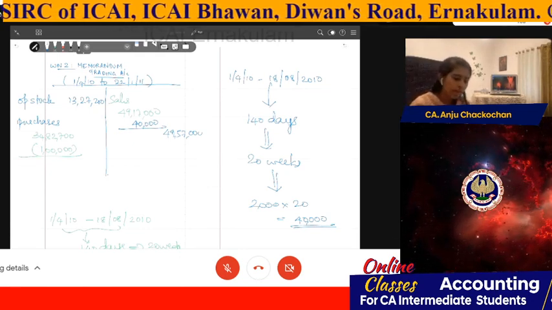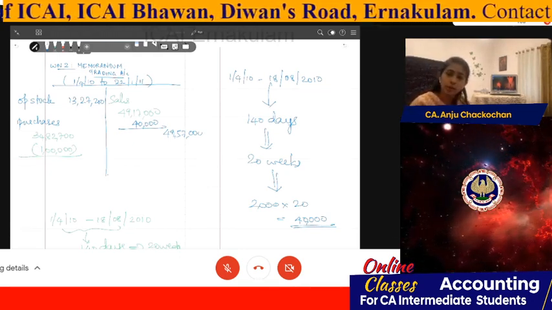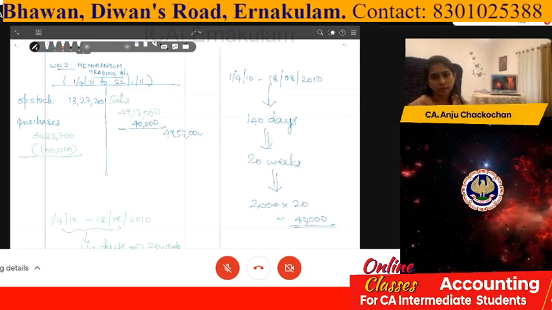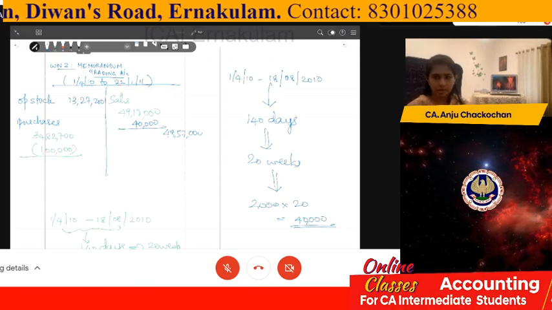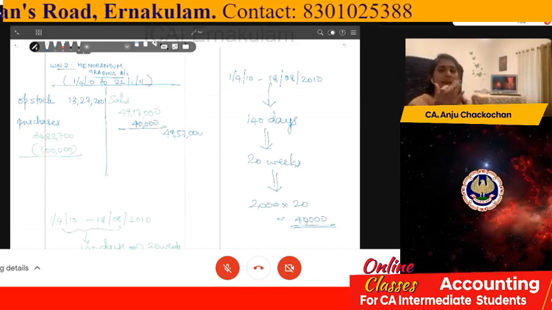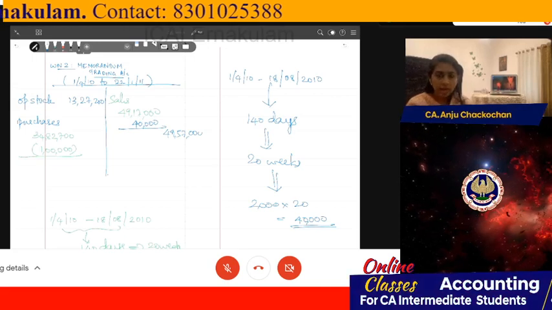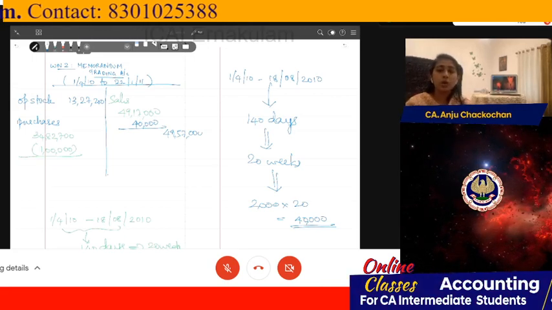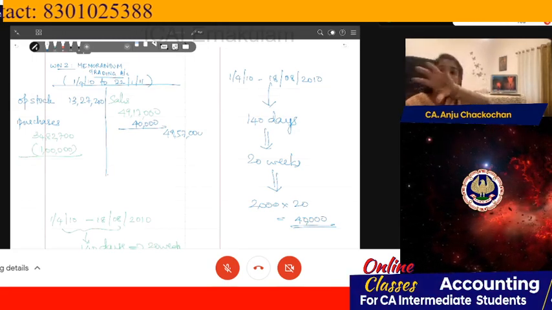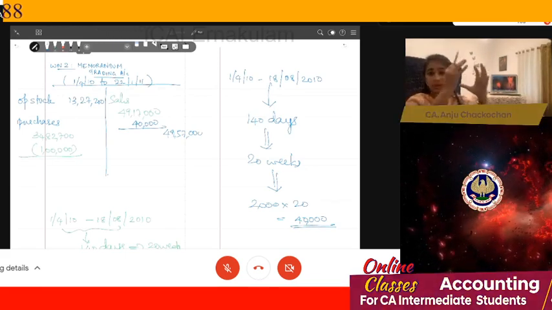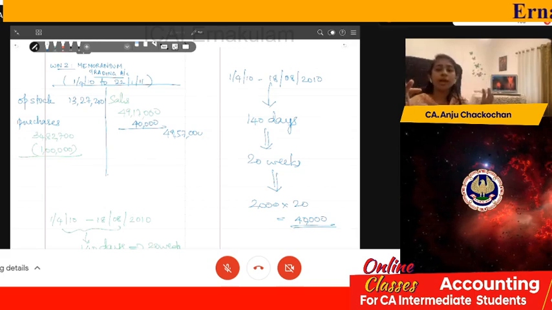So you have to remove those goods from our godown. How do we remove that? You record the sales, you record the GP also, so that gets automatically eliminated. That is the reason why I've taken it up. I totally agree that is not our sales, but in order to compute the actual closing stock, you will have to remove it from the stock.